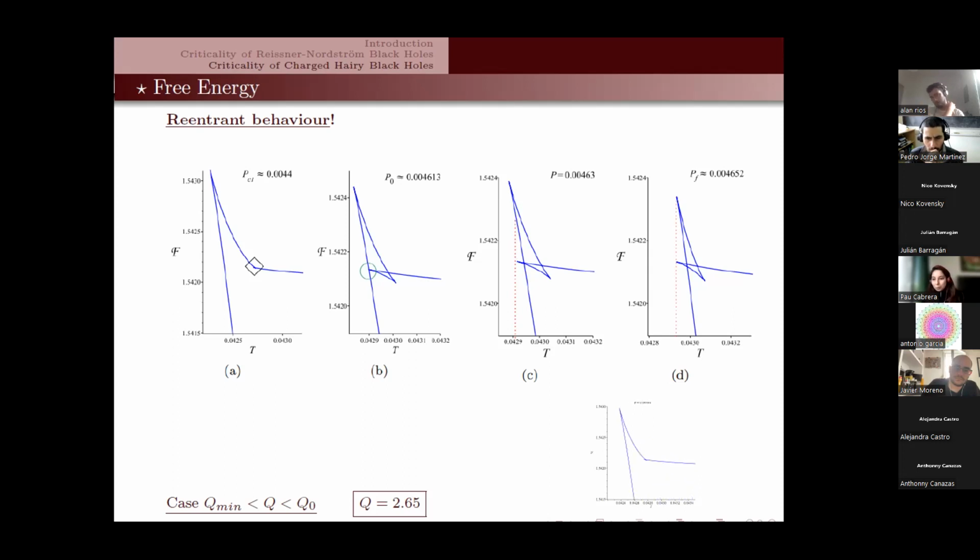So we find a large, small, large phase transition, and this is called a reentrant phase transition, when the system comes back to its original state after an intermediate phase.